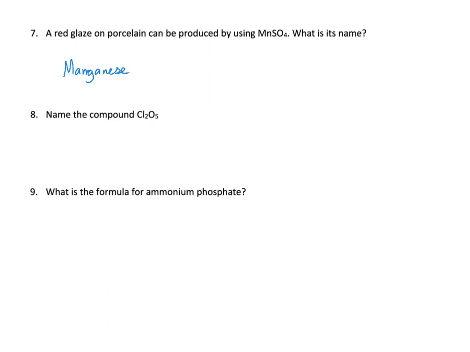So in this example, we have sulfate, which is SO4 2-. That means the manganese must have a charge of 2+, which means this is manganese 2. And sulfate is the anion there.